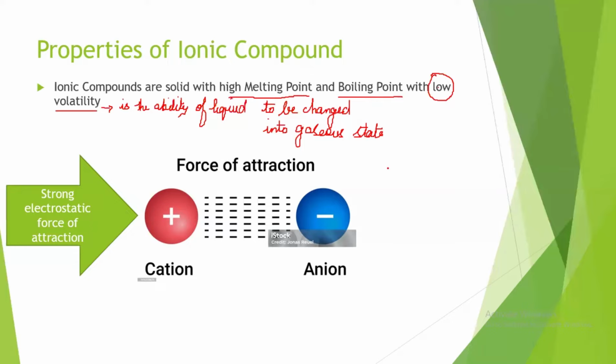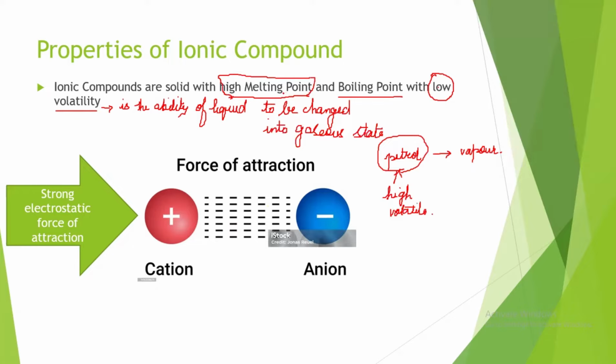That petrol is changed into vapor state, because petrol is quite volatile, highly volatile. That is why it changes directly into vapor state. So the cations and anions have a strong electrostatic force of attraction. That is why they have high melting and boiling points.